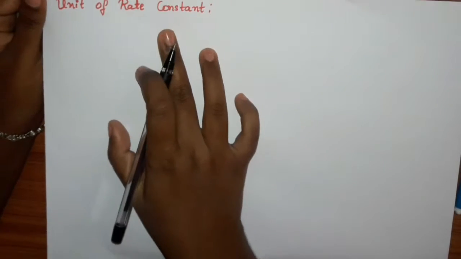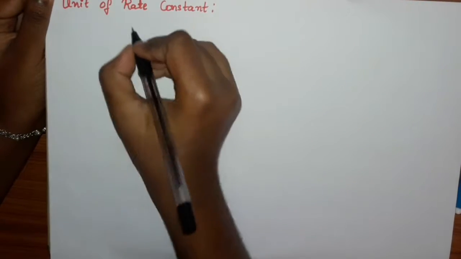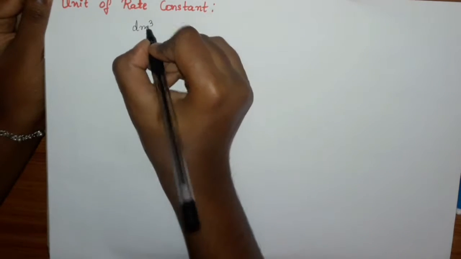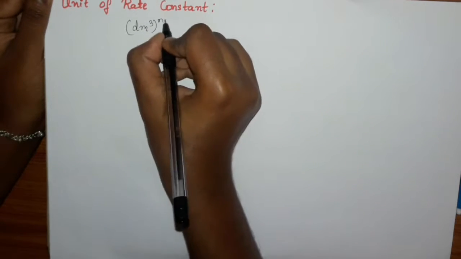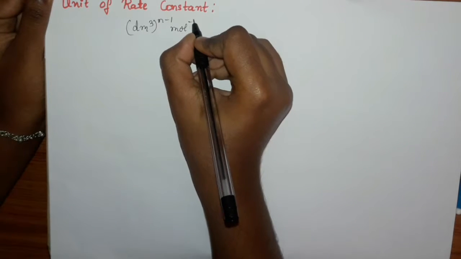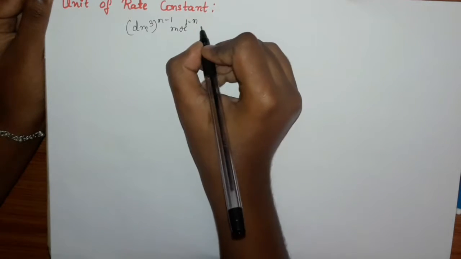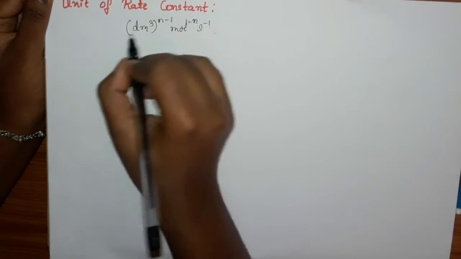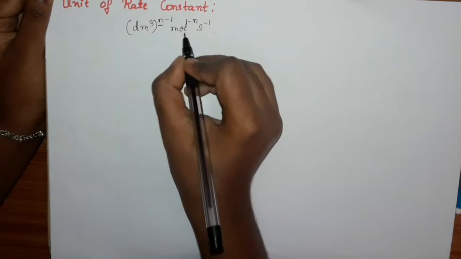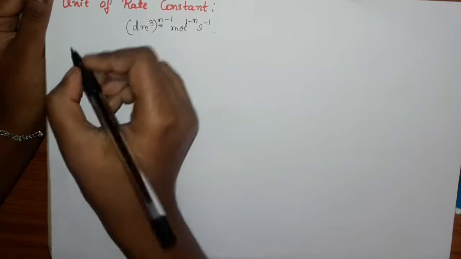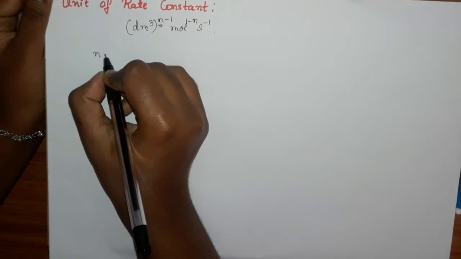In general, the unit of rate constant of a reaction can be given by this equation: (dm^3)^(n-1) mol^(1-n) s^-1. If you give the numbers, for zero order reaction n will be 0, and for first order reaction n will be 1, as follows.